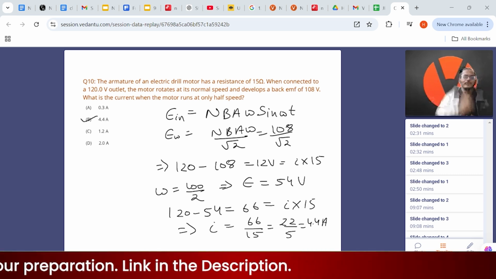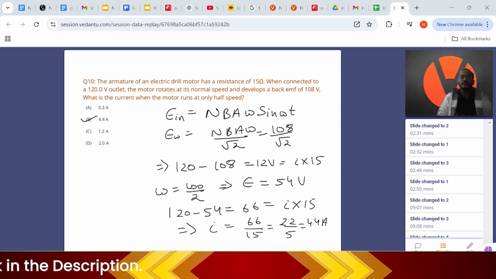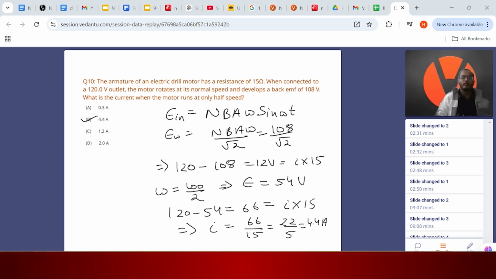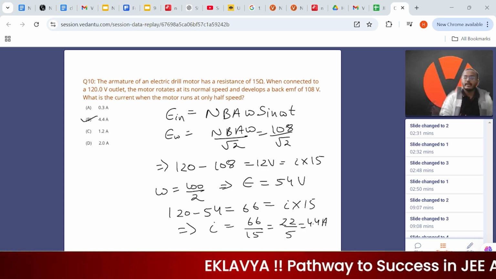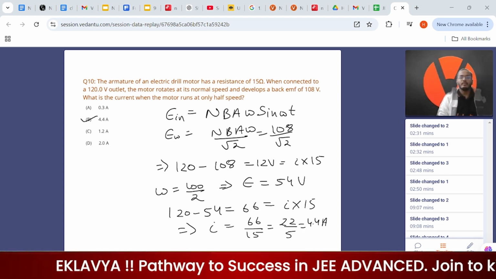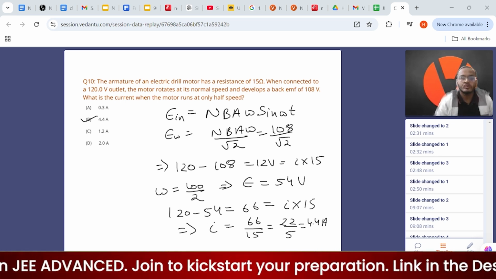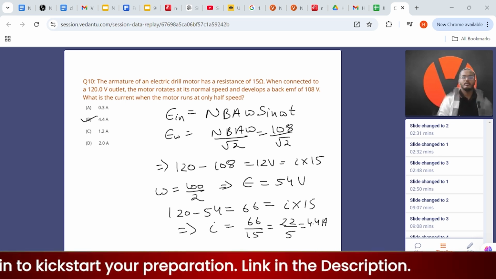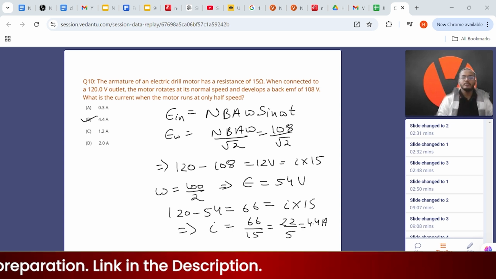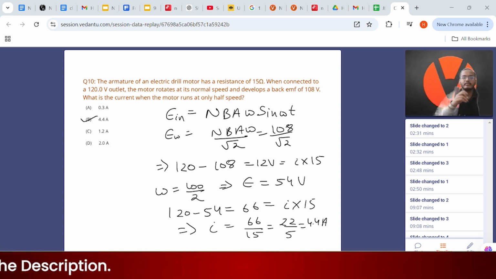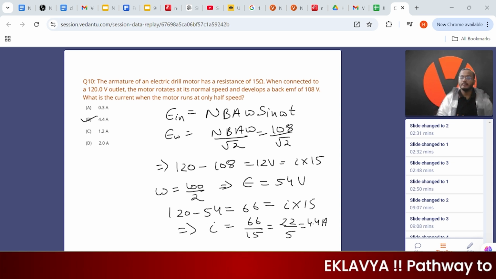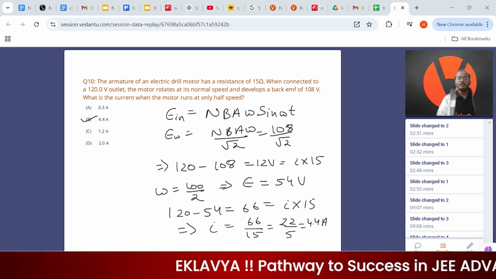So what we just did, we took a value of NB omega sine omega t. We had N, we had B. Now after connecting it with a 120 volt outlet, the motor rotates at its normal speed and develops 108 volt.